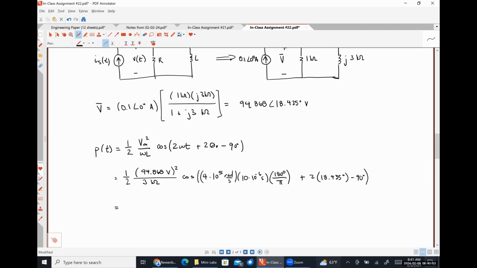And I get that to be 3/2. So 1/2 times the magnitude of x squared. Yeah, I guess it's 3/2.